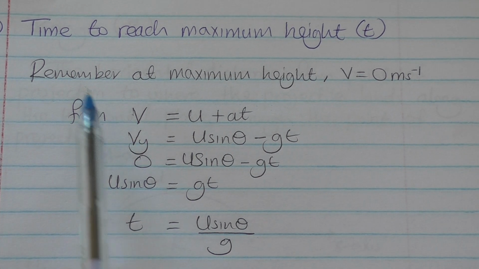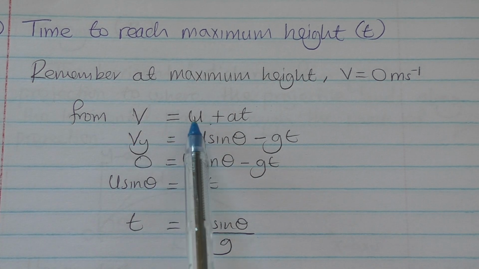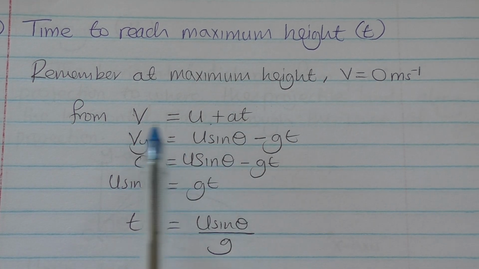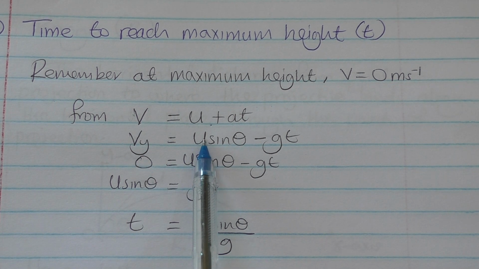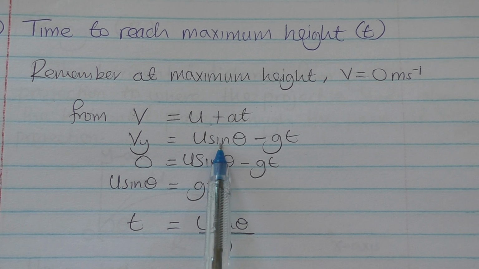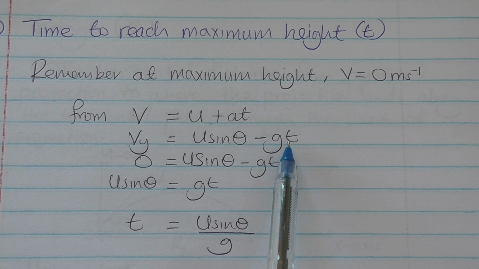So, from the first equation, which says that v equals u plus at, at maximum height v is 0, and u is the y component, or the vertical component of velocity. Therefore, it is u sin theta minus gt, because a is negative g.